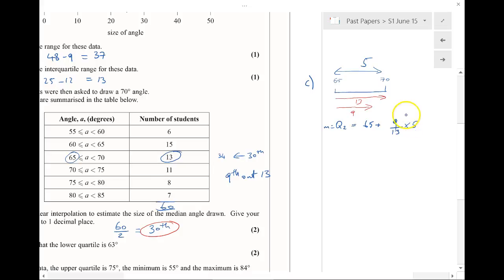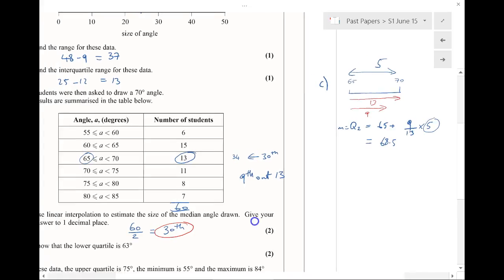So we're making an estimate. So this is always a fraction, less than 1. And this is the class width because we've got between 65 and 70. And when we work that calculation out, that equals 68.5 for part C.